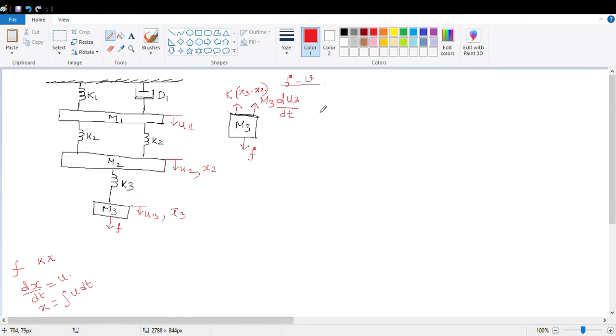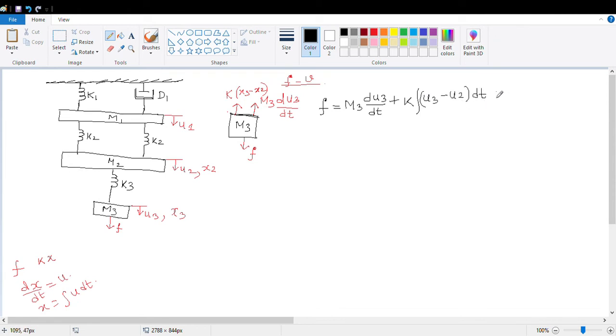So now if I take the relation between these three forces, what is going to happen? The first thing I will write is this force. Now this force is counteracted by the inertia force m3 du3 dt plus k times the integral of x3 minus x2, so x3 minus x2 means the integral of u3 minus u2 dt.